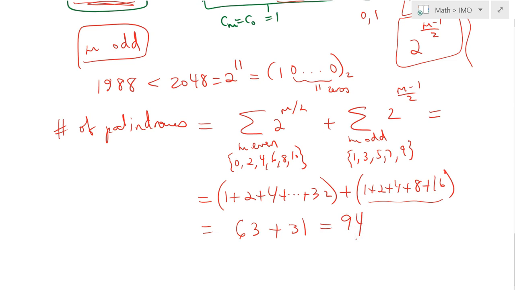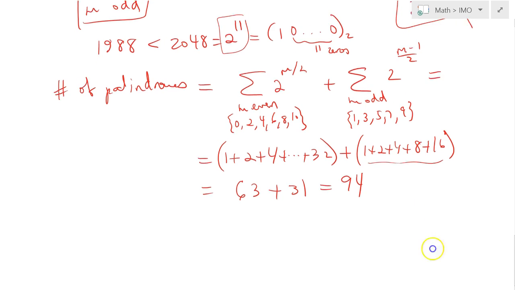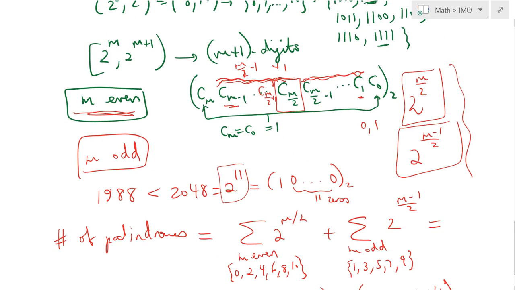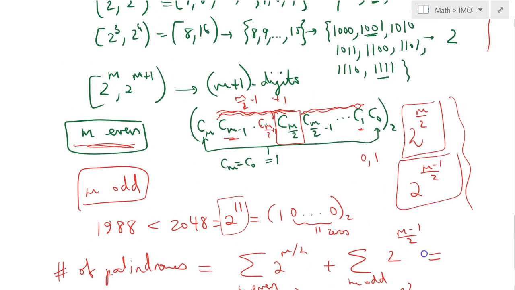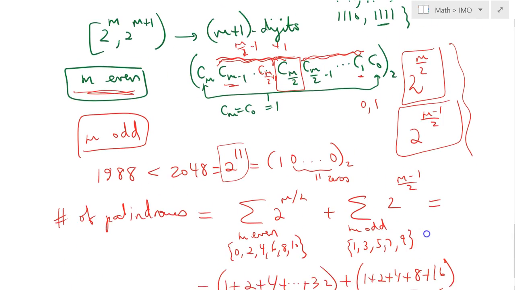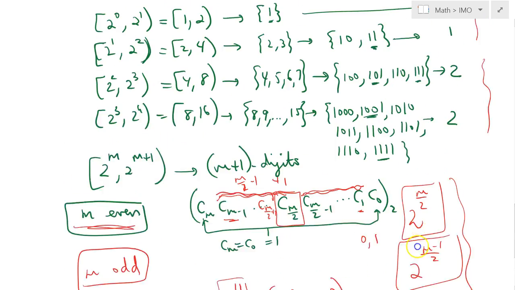However, we overcounted here because we counted all the palindromes less than 2 to the 11. There are 2 more palindromes between 1988 and 2048, namely, where do I have 1988 here?